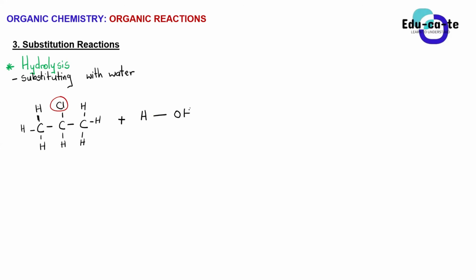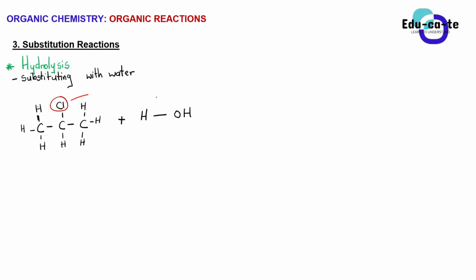Guys, this HOH is the same thing as saying water, because this is like H2O. So HOH, it is water, it is H2O. So at this point, what will now happen? We are going to do an exchange.